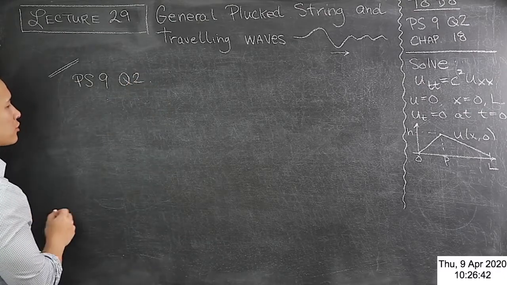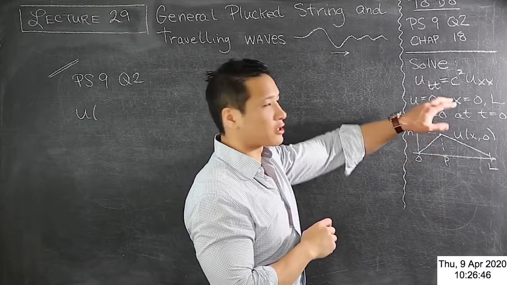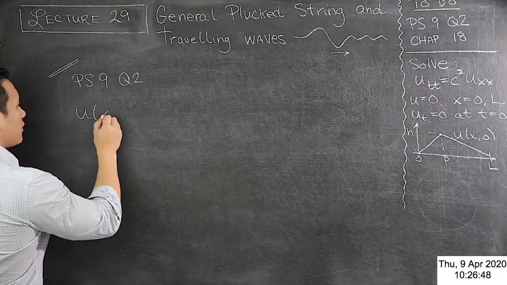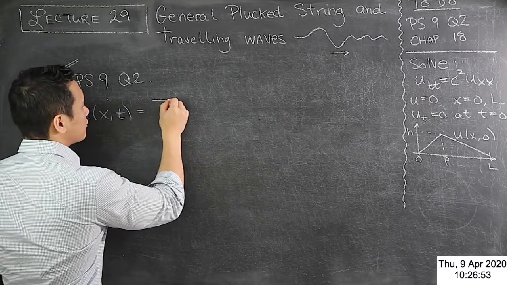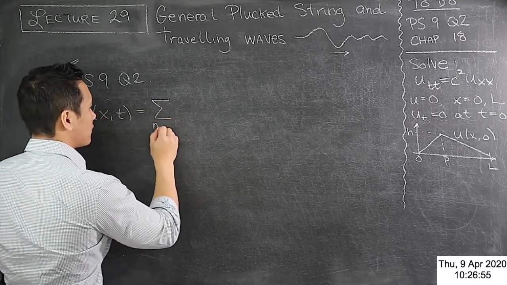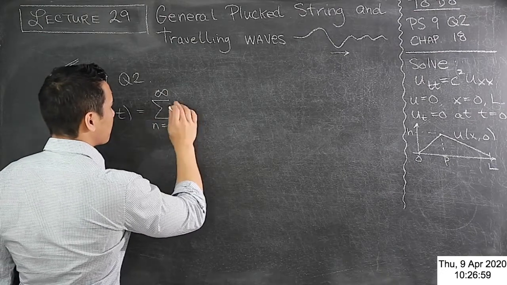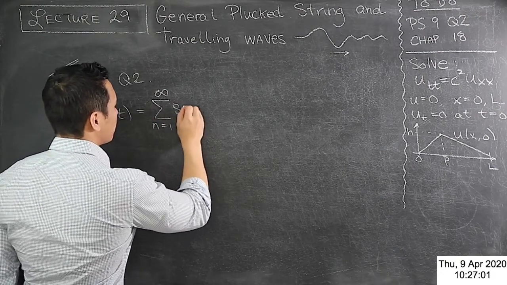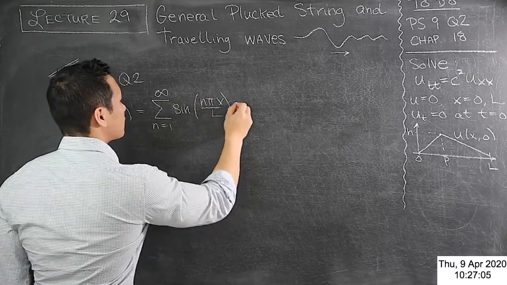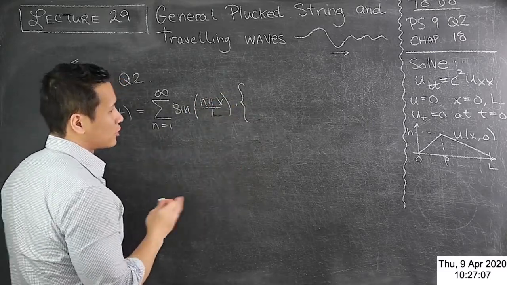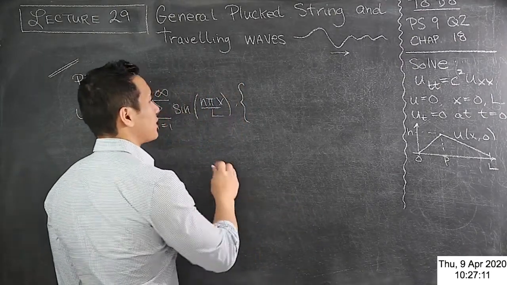The solution that you know is that if you have this wave equation with the Dirichlet conditions, then the solution u of x and t is equal to an infinite sum over sinusoidals, sine of n pi x over L, times two time oscillations, a cosine in time and a sine in time.